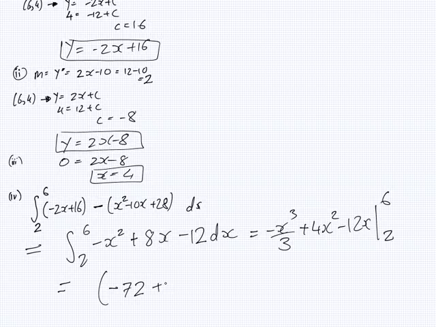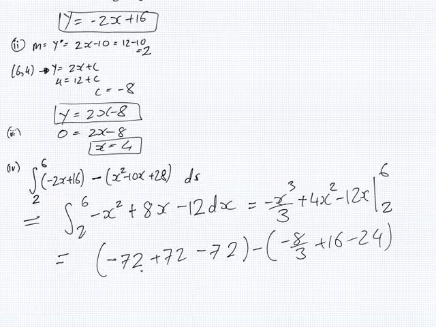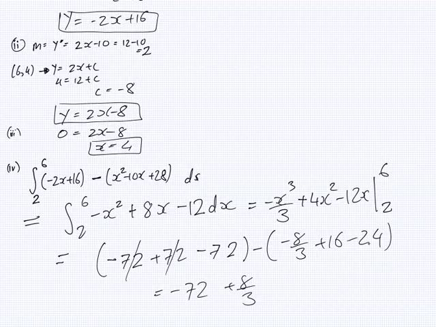Oh, is this plus 72? Minus 72. Minus 8 over 3 plus 16 minus 24. Cancel. Minus 72 plus 8 over 3. 16 minus 24 is minus 12. No, something went wrong, because this answer's very negative. I have to minus more.